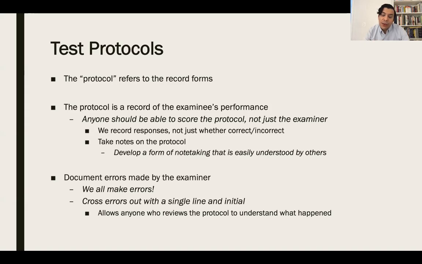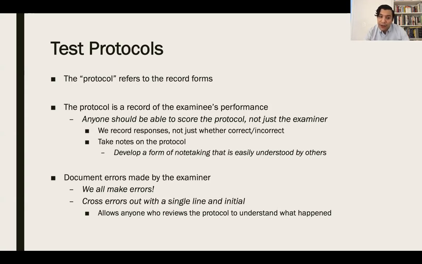It is also important that we document errors, both errors made by the examinee and the examiner. And we all make errors, whether that's we accidentally circle a response that is an error, or we make an error when we're calculating a total score, or we score something correct when it was actually incorrect.